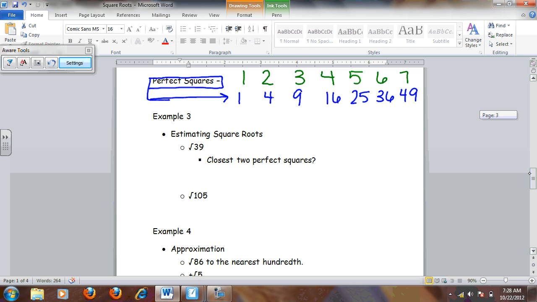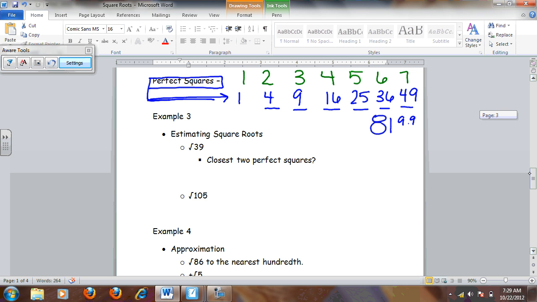Why are they perfect squares? Because there is a special number that is multiplied by itself to get that number. If I give you the number 81, is it a perfect square? Yes, because 9 times 9 is 81.